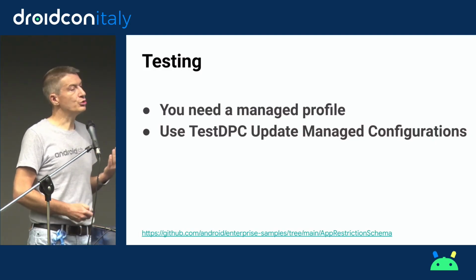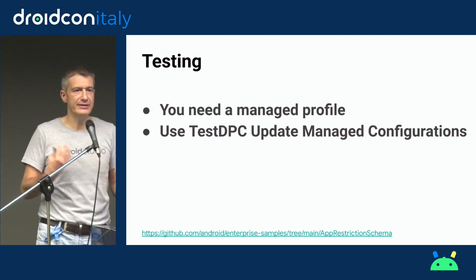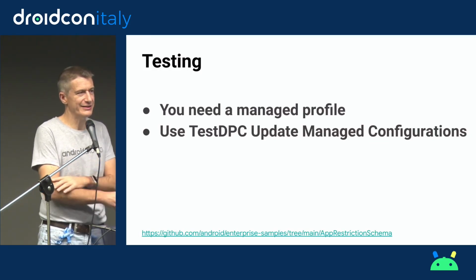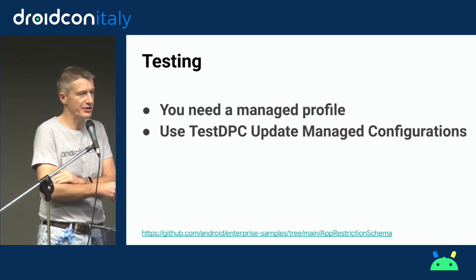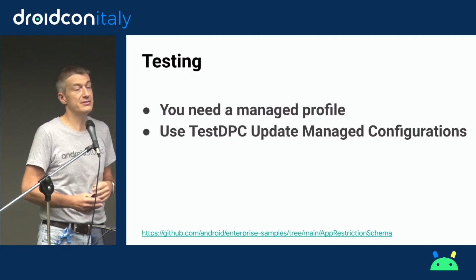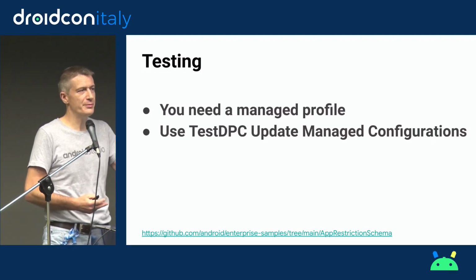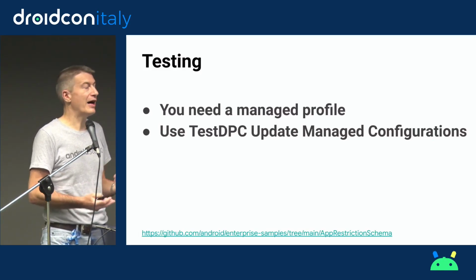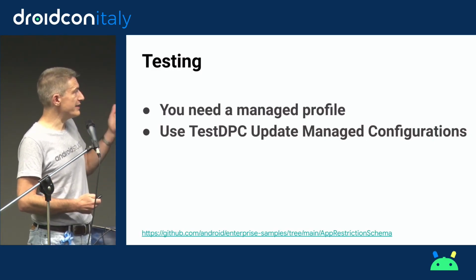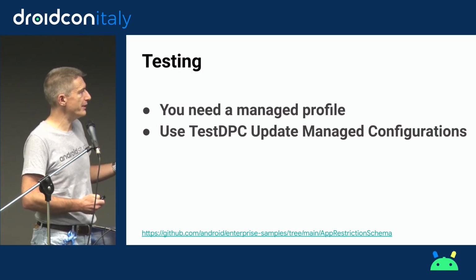Okay, how to test something like this? Adding the restriction and the broadcast receiver is not the hard part. It's mostly deciding what you want to make configurable and then how you test this. So again, TestDPC is going to help in this case.